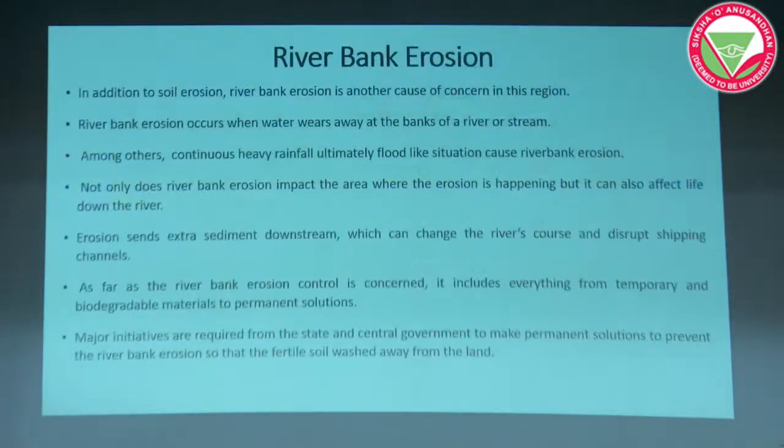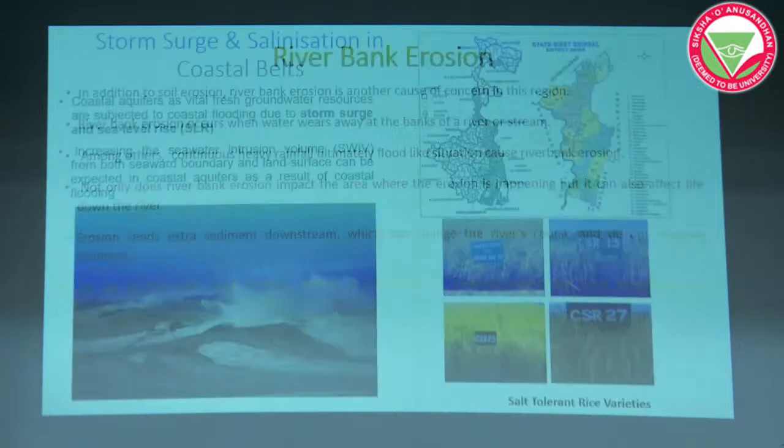And we have also given what the protective measures are. I will not go into detail, but for this river bank erosion there are some temporary and permanent solutions. So major initiatives should be taken at the state level and also at the central level for permanent structures, also by planting, and a lot of afforestation should be there.